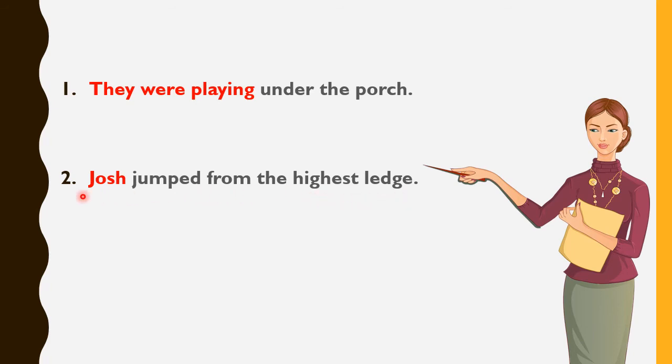Again, Josh jumped from the highest ledge. So basically I added Josh as the missing subject to this fragment sentence and I made it a fully understood, completed sentence, which is the opposite of a fragment sentence.